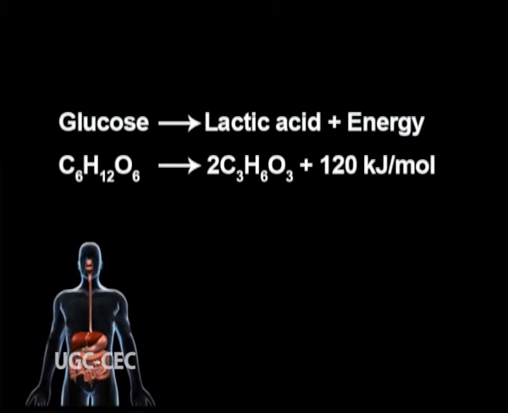In animals, during vigorous exercise, the heart and lungs are not able to get sufficient oxygen to our muscles in order to respire. In such a situation, muscles carry out anaerobic respiration. In this case, glucose produces lactic acid upon oxidation and releases 120 kilojoules of energy per mole.